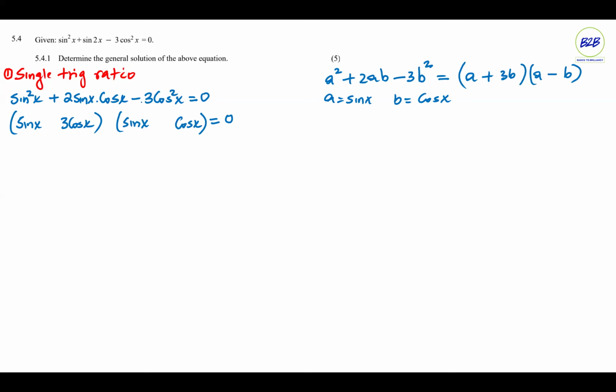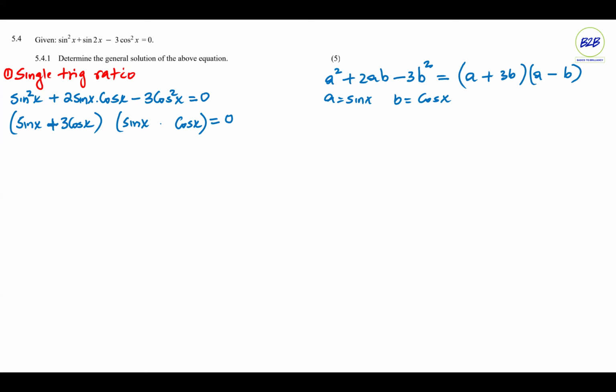The sign for the last term is negative, so the signs within these brackets are different. But the middle term has a positive sign, so the bigger one between 3 cos x and cos x must take the sign of the middle term, which is plus.